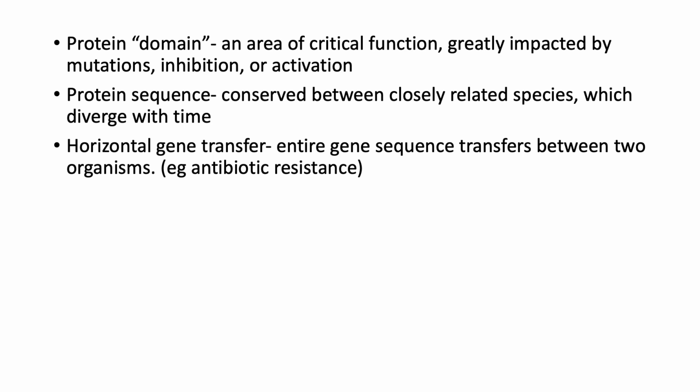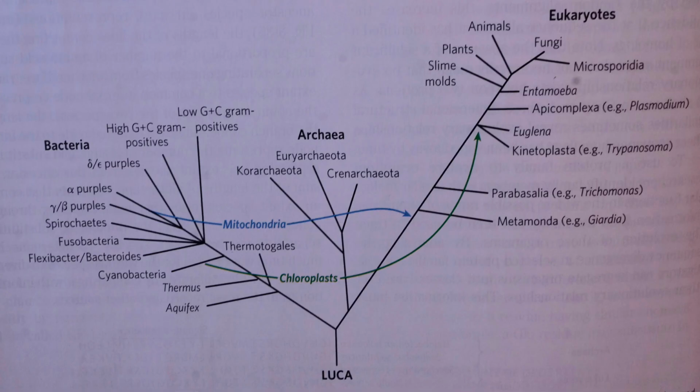The protein sequence is conserved between closely related species. They diverge with time, and you can also have horizontal gene transfer, where the entire sequence will transfer between two organisms. This is an example, for example, of antibiotic resistance.